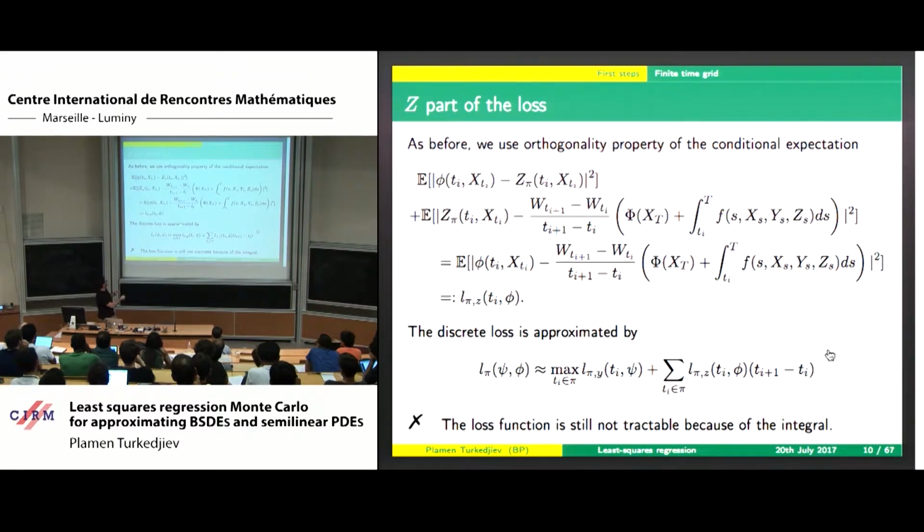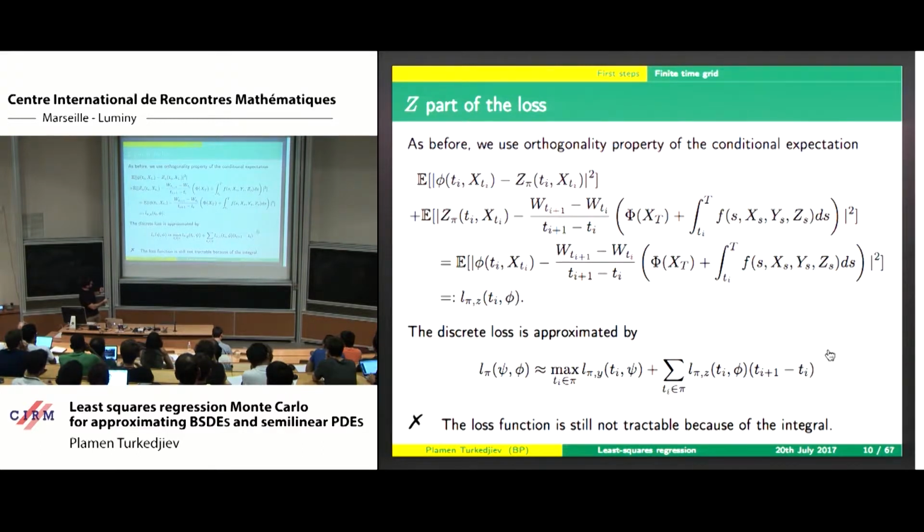Okay? So again, minimizing this is exactly equivalent to minimizing this. So the same phi will solve both problems. And now we have our first discrete time approximation of the loss function.